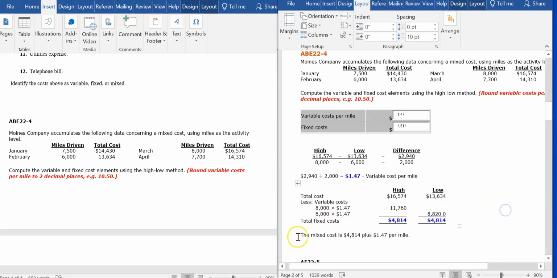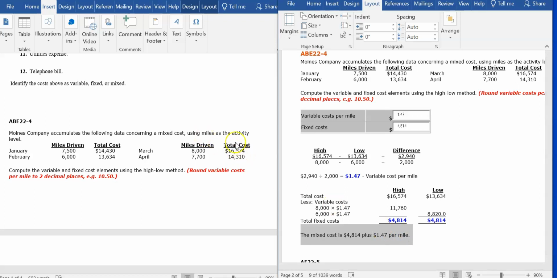Ultimately, we ended up with, for this particular cost, the mixed cost is a combination of $4,814 in fixed cost plus $1.47 per mile in variable cost. We have now broken out this particular cost based on a variable and fixed portion.